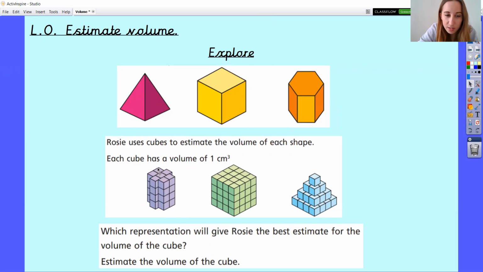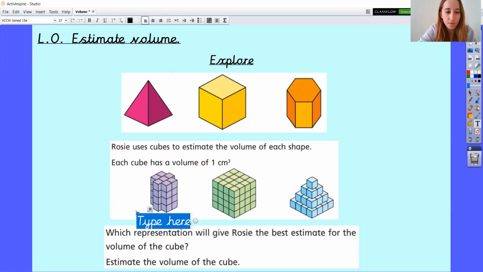And I think she's got the same on this side because she's got 2 by 4. So 8 add 8 gives me 16. And then in the middle here, she's got 4 rows of 3, okay? 4 by 3, which is 12. So I need to do 16 add 12, which is going to give me 28 centimetres cubed.